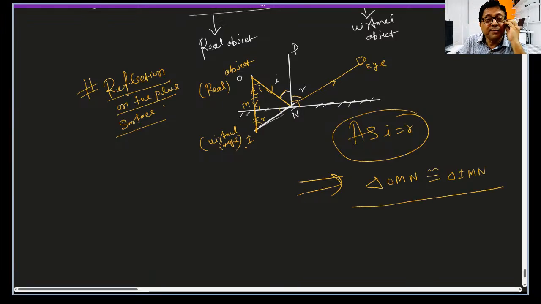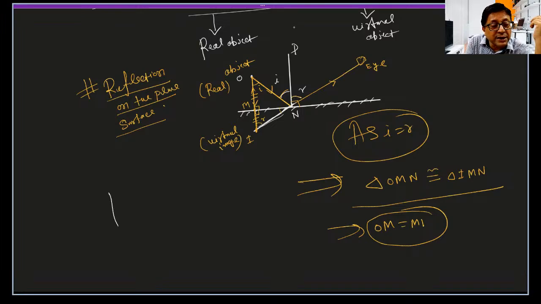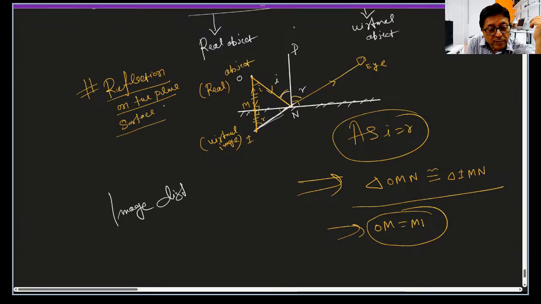Okay? So if they are congruent and MN, this angle 90 degree for both, so this will imply that OM equal to MI. So it is proved that image distance is equal to object distance.